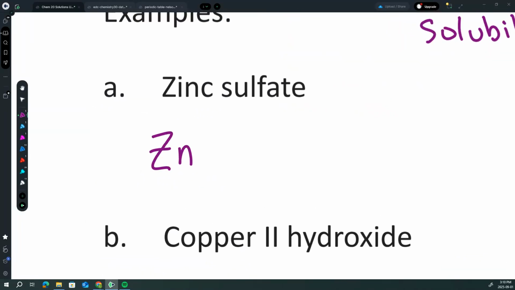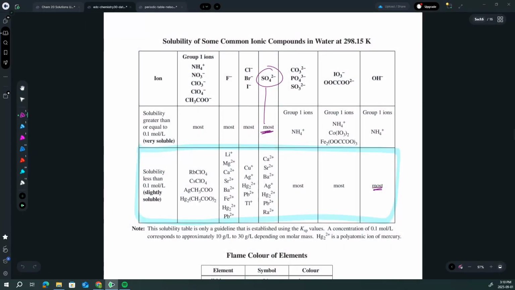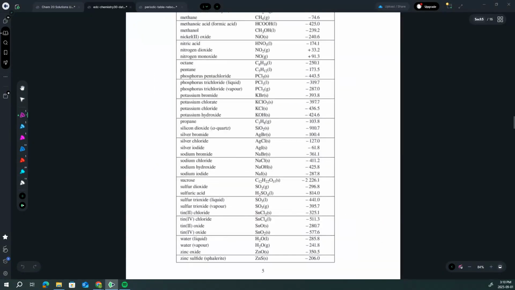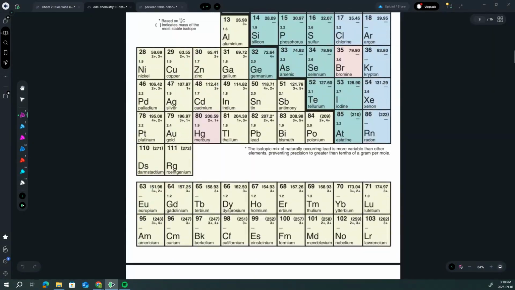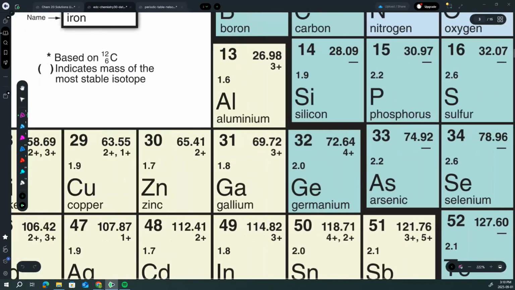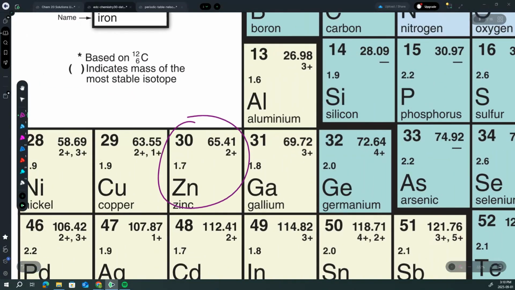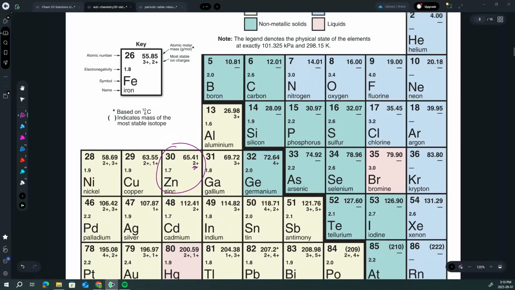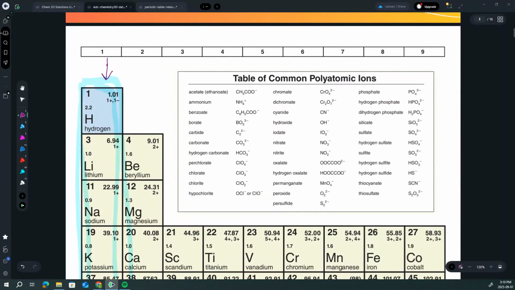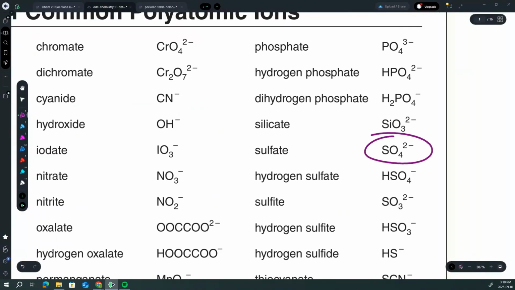So zinc sulfate. Before I write the rest of the equation, I'm just going to check what the charge is on zinc. Zinc is right here on the periodic table. It's got a charge of 2+. And sulfate has a charge of 2-.